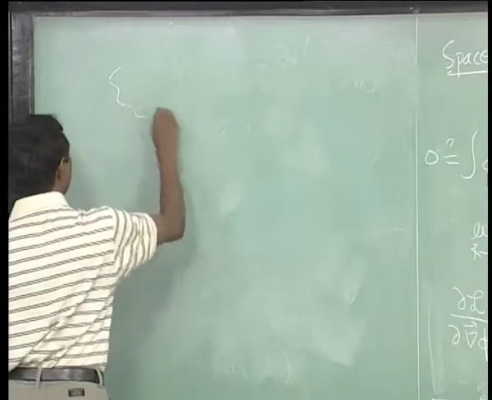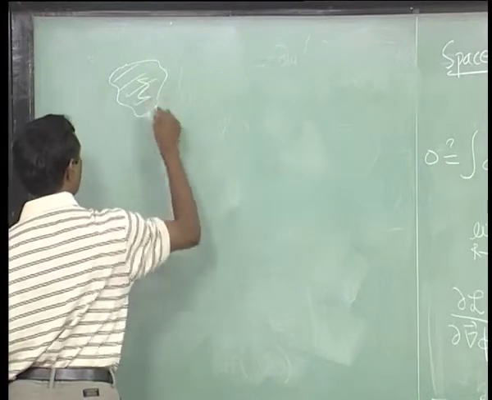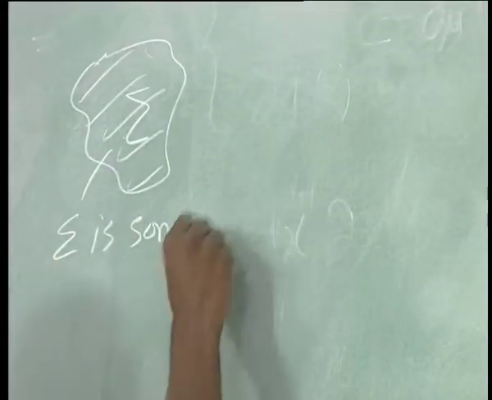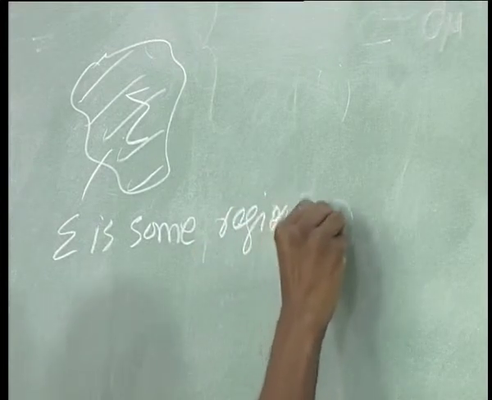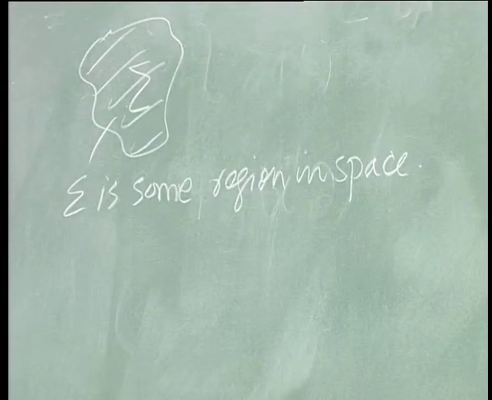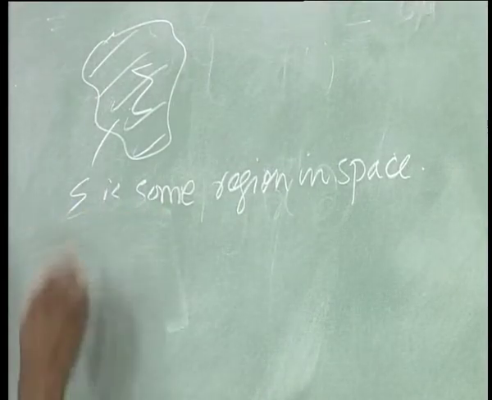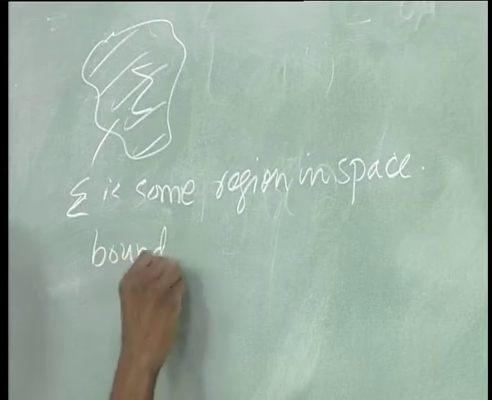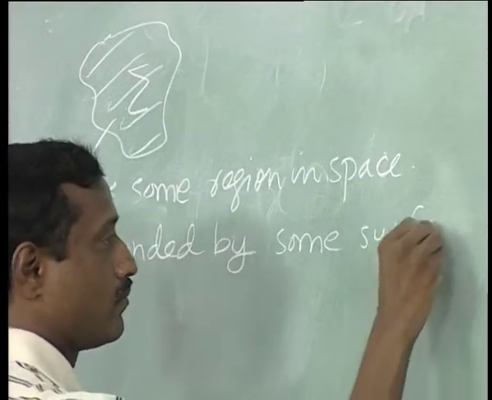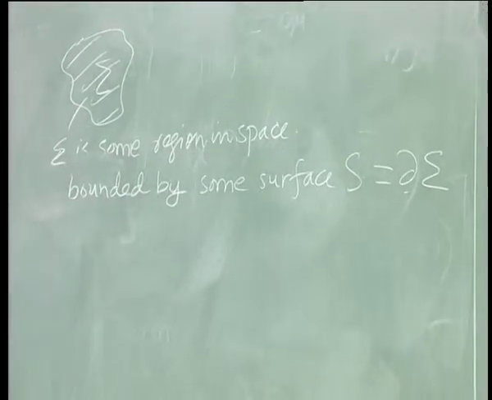Suppose you have some bounded region sigma in space, with some boundary surface S. Mathematical notation for this is to write partial of sigma.